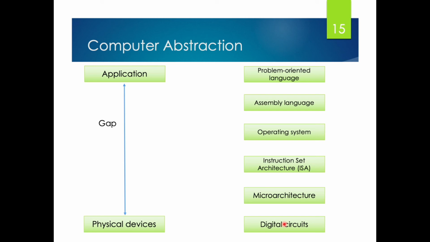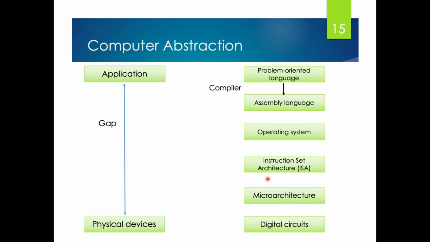I want to repeat that these layers are named depending on the views of the user or the designer. In this picture, we say in terms of the developers. The implementation between the layers: between the problem-oriented language and the assembly language, we use the compiler.